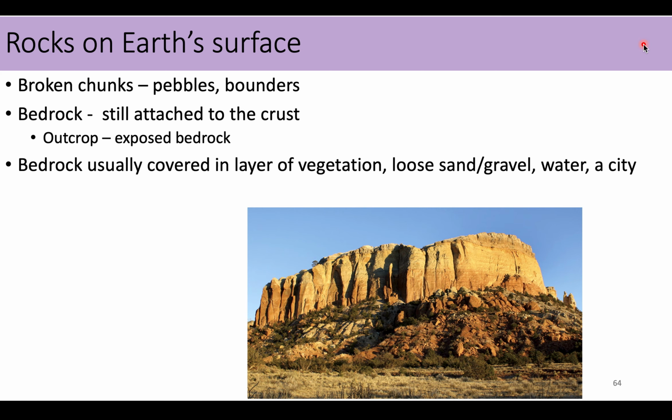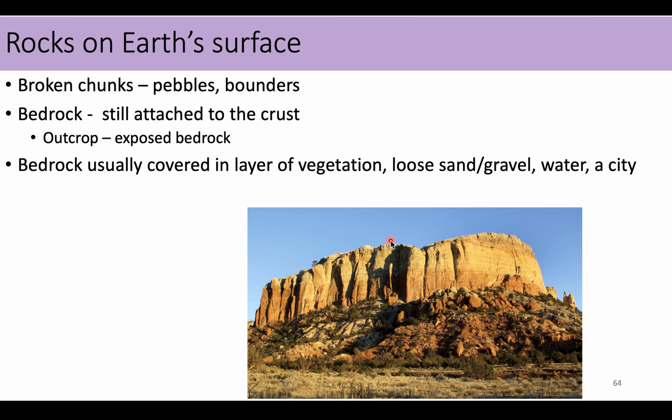On the surface of the Earth, we can find rocks either in broken pieces, so pebbles, boulders, something that could be picked up and lifted off the surface of the Earth, or we find them as part of our bedrock, still physically attached to the crust. If you've ever heard of an outcrop, this is an example.